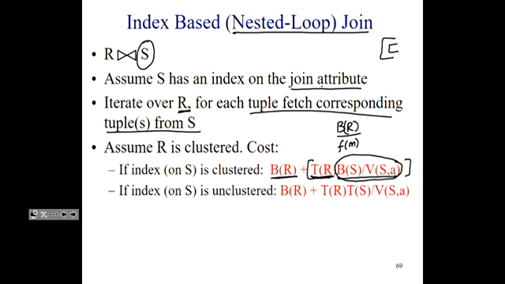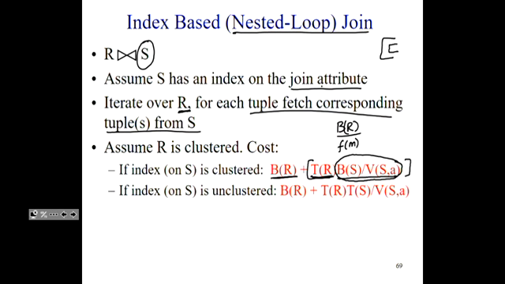Essentially, you're looping through all of R. For every tuple of R, you use the clustered index on A, which retrieves a certain number of blocks of S that match this tuple on the join attribute value.